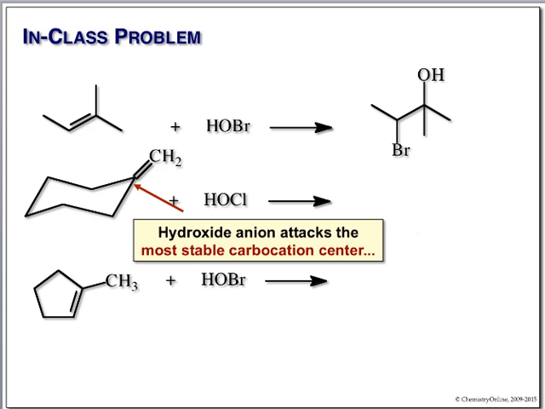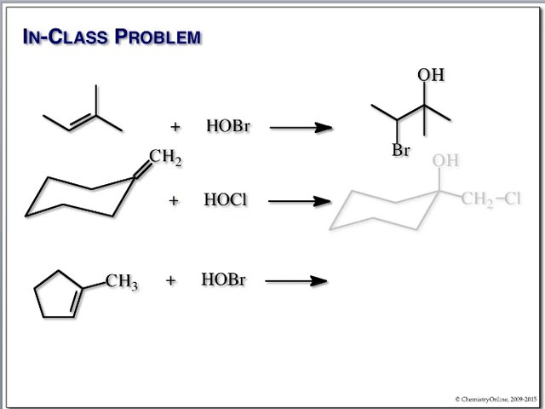Then all you have to do is write the product. Hydroxyl group on the tertiary carbon, chlorine on the primary carbon.